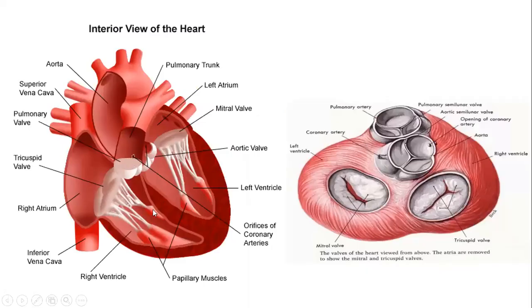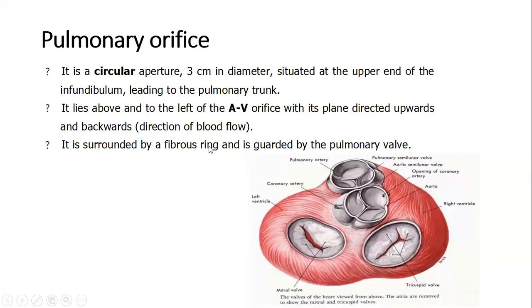Whenever the right ventricle contracts, the blood will be pushed into the pulmonary trunk backwards and upwards. It is surrounded by a fibrous ring, and it is guarded by the pulmonary valve.